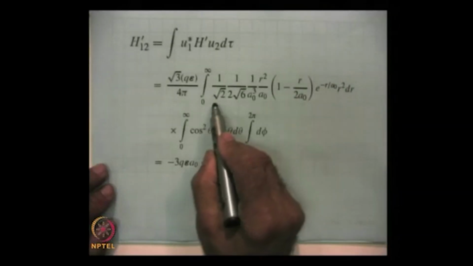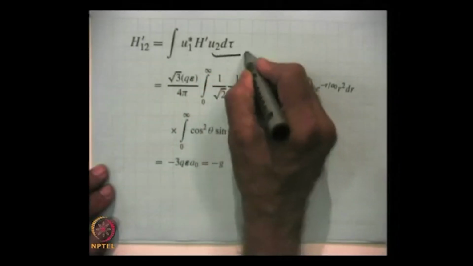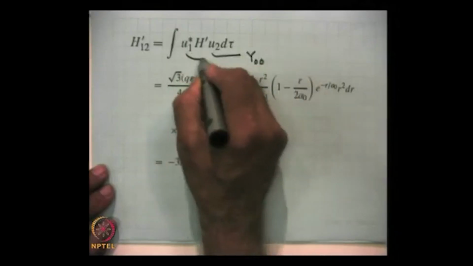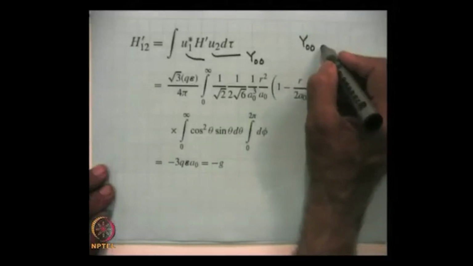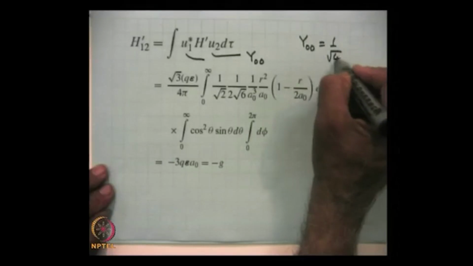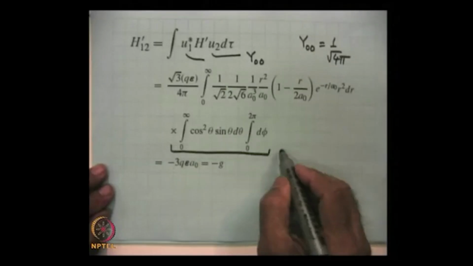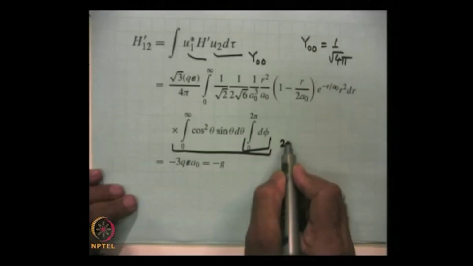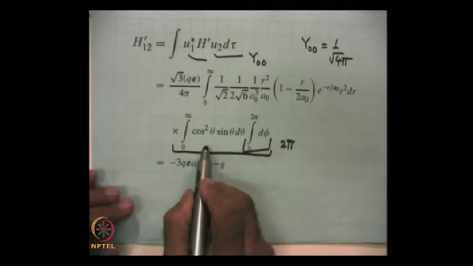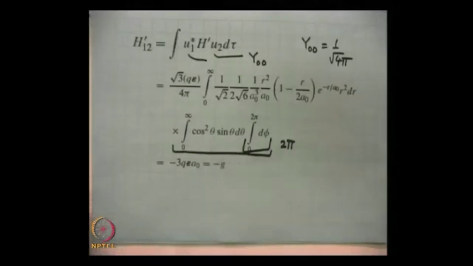So, you calculate this. Both of them are Y 0 0, so the angular part will be Y 0 0, that is 1 over root 4 pi, and this integral you have to calculate. This integral will be 2 pi, and there is an r cos theta term which is because of the perturbation, and it will come out like this.